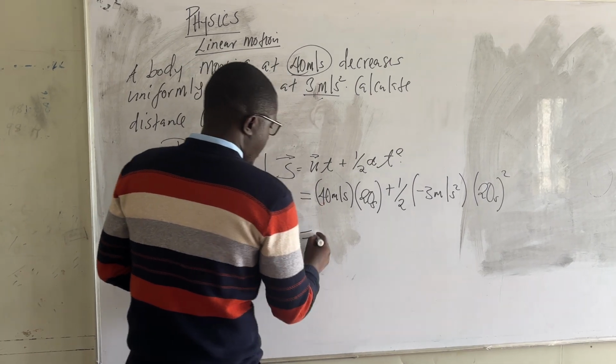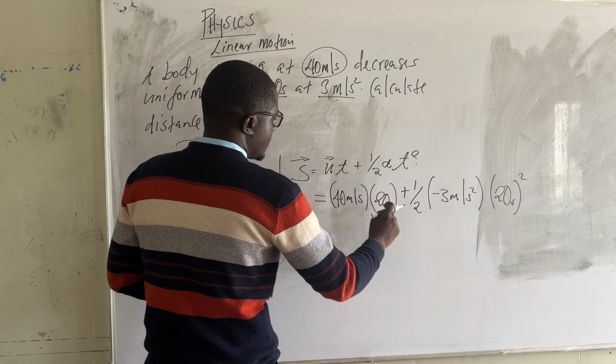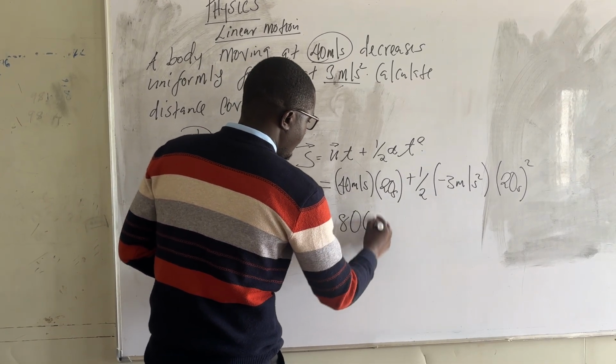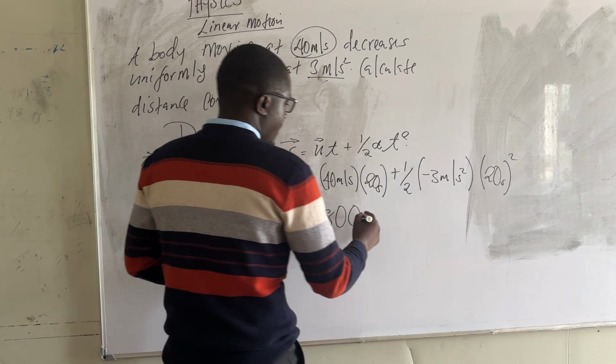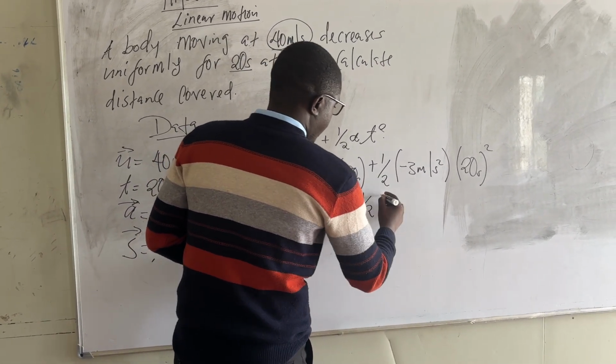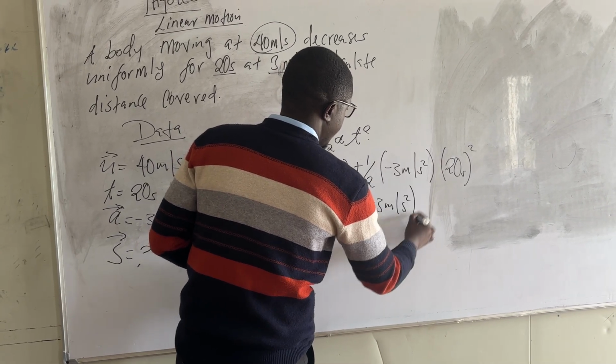Then we use simple algebra here. 40 times 20, we are having 800. 800 plus half. So here we can say negative 3 meters per second squared.